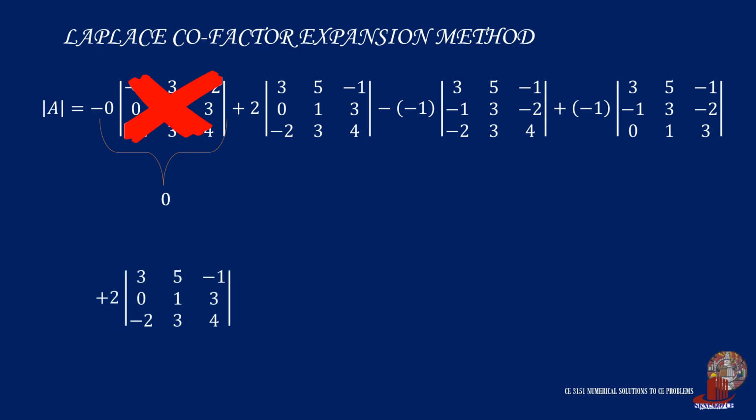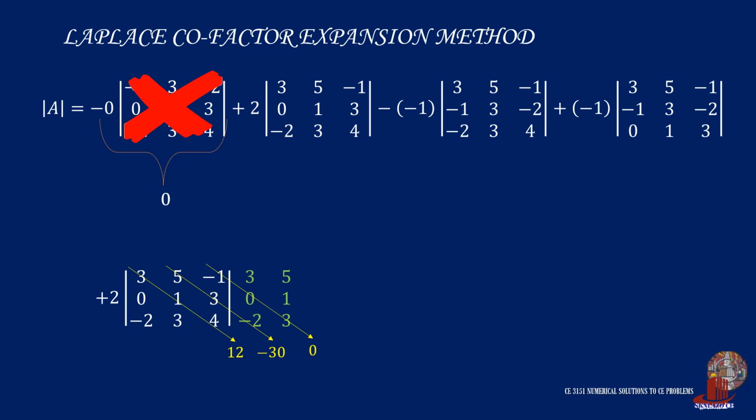First is to mirror the first two columns, then mark the diagonals. The first is 3 times 1 times 4, which is 12. Then the next is 5 by 3 by negative 2, giving negative 30. Then the last diagonal is negative 1 times 0 times 3, which is 0.